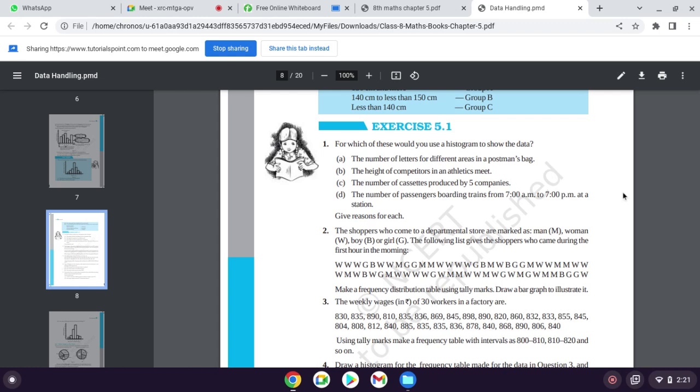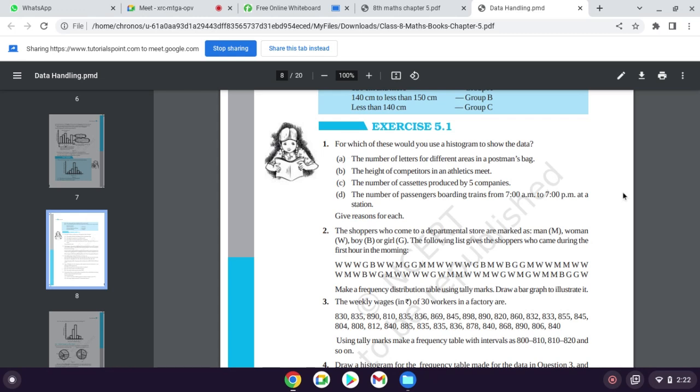So in the case of the data given in alternatives B and D, we will use the histogram, as we can divide the given data into class intervals. In B, this is the height of competitors in an athletics meet; we have different competitors and they have different heights, and we can make a class interval, for example a height between 5 to 5.2. I'm just giving an example.